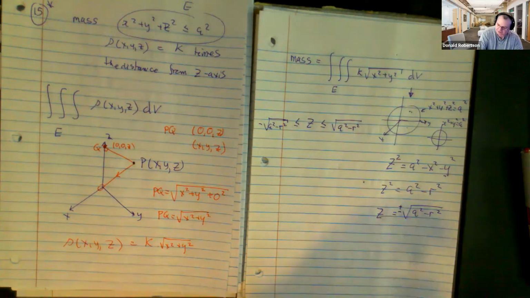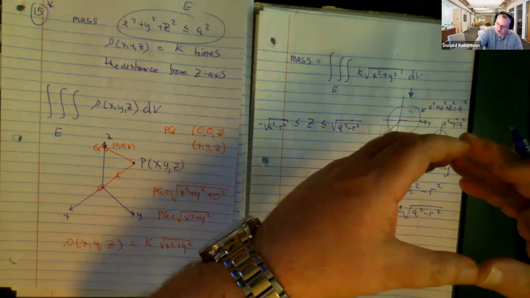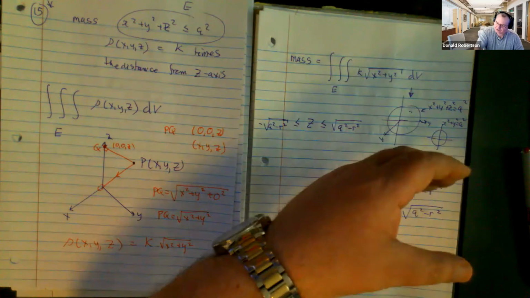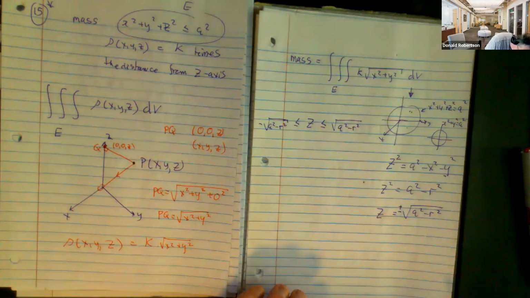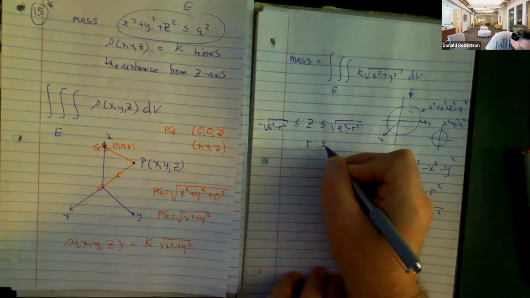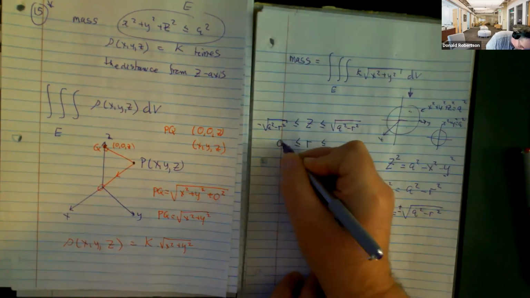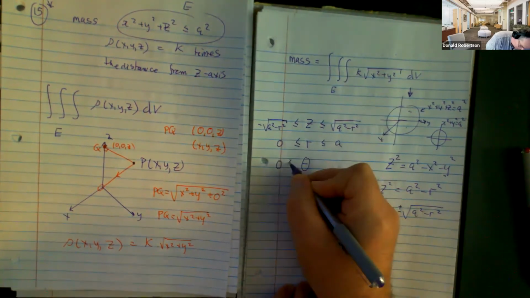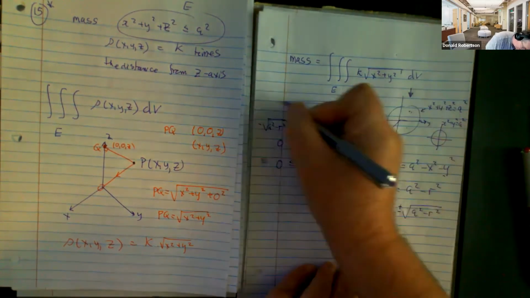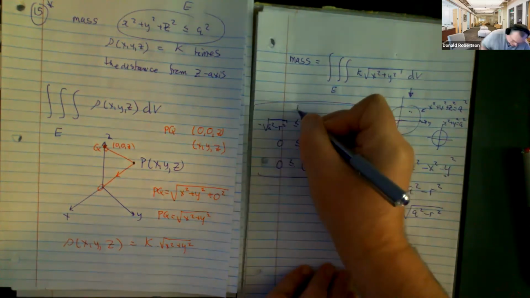Can you imagine a sphere cut down the middle where the xy plane is? Can you see the circle it would make? x squared plus y squared equals a squared. That tells me that I have got r from 0 to a. And thankfully, I got some numbers. That is what E looks like.